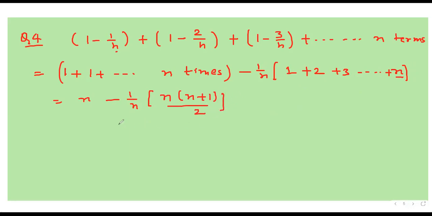So from here, 1 upon n will cancel out. So we simplify, so it will become 2n minus 1 divided by 2, that is n minus 1 divided by 2, which is our answer. Now, let's consider the next question. Question number 5.